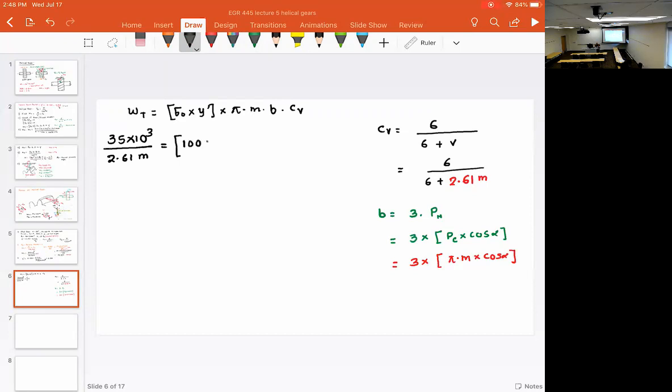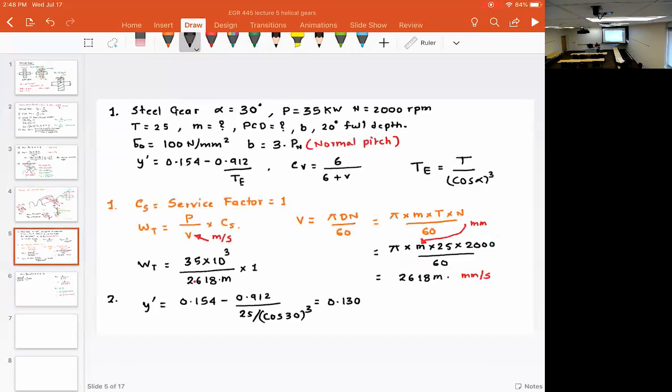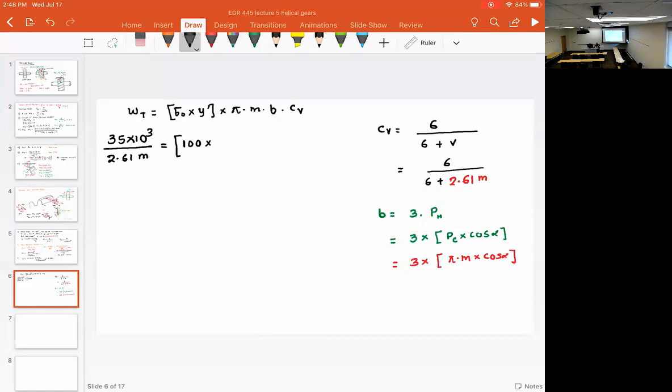So I have 100 multiplied by the value of y, which is 0.130, multiplied by pi multiplied by m multiplied by b, which is 3 times pi m cosine of 30, multiplied by Cv, which is 6 divided by 6 plus 2.61 m.